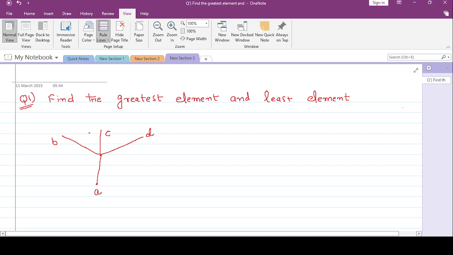such that every element has relation with that element. Okay, now you see that you cannot say here that B is the greatest element because this C has no relation with B. Similarly we cannot say that C is the greatest element because B has no relation with C. And D cannot be said as greatest element because B and C do not have any relation with D. Okay, so greatest element is that element such that every other element has a relationship with that element.